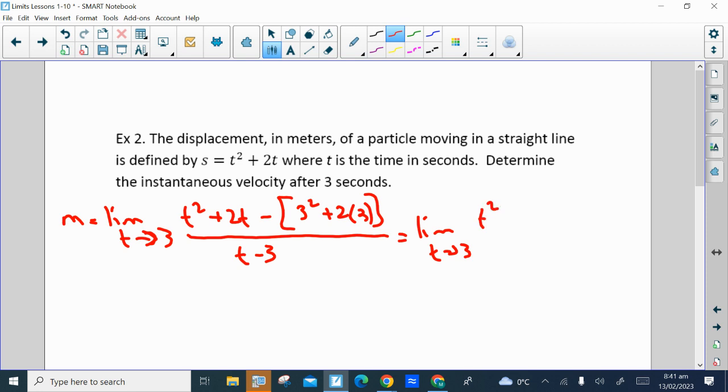So right now 3 is a non-permissible value, so we need to do something to this function on top so we can get rid of the t minus 3 on the bottom.